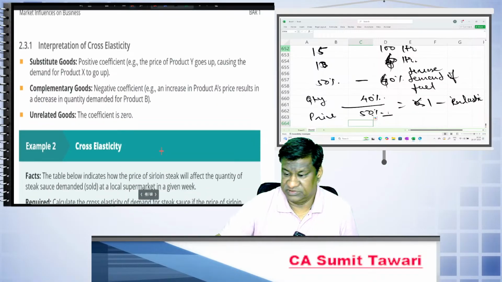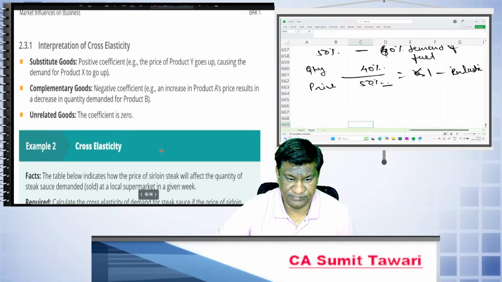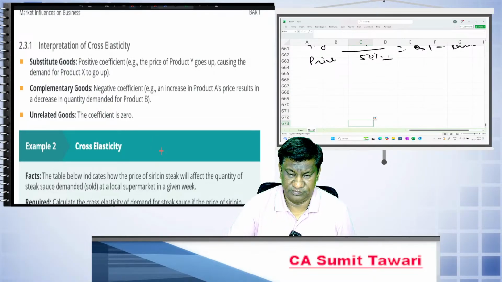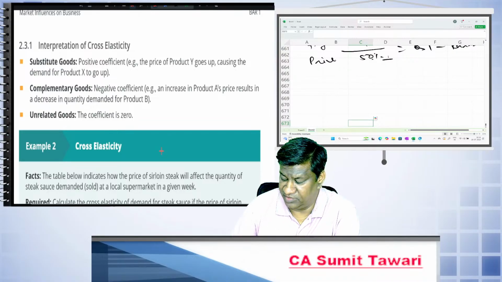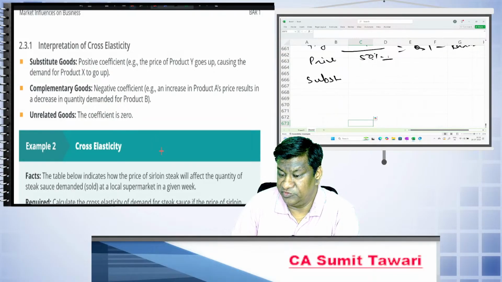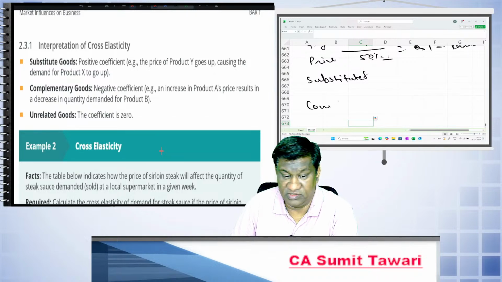Now you can see here: substitute, complementary and unrelated. Substitute means when you are shifted. Complementary means you are buying along with.